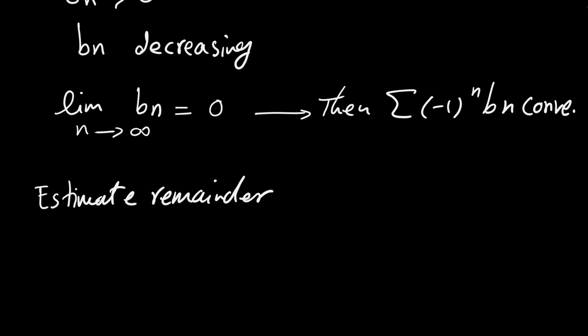Then we can estimate the remainder by the alternating series test, and the absolute value of R_n is less than the (n+1)th term of the sequence b. So b_(n+1) is greater than the absolute value of R_n, and in this case, we can estimate the remainder. Now let's solve some problems together.